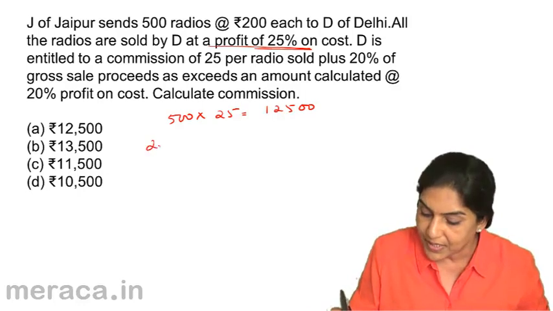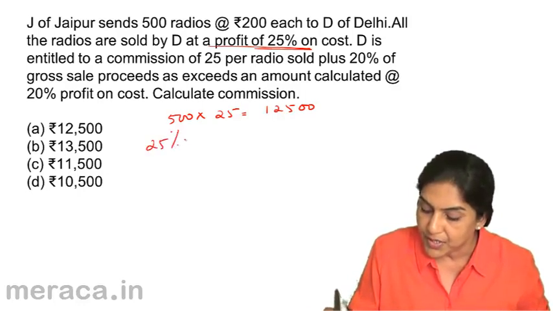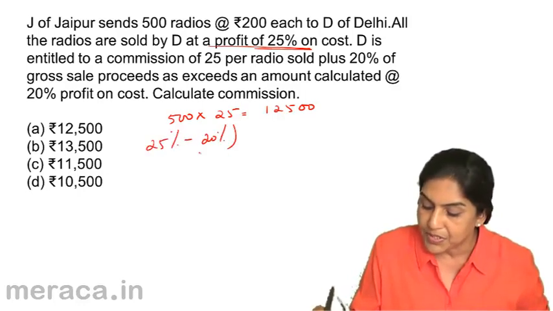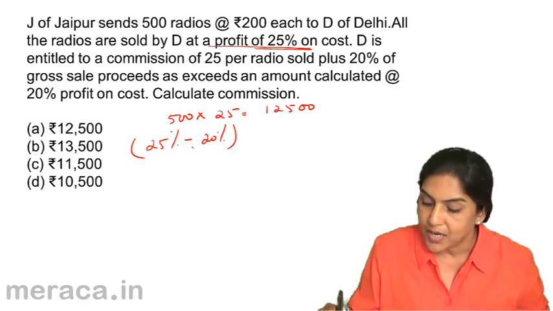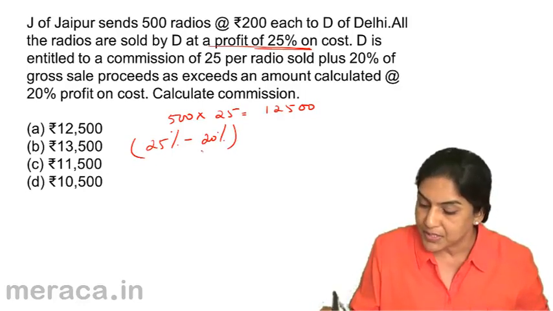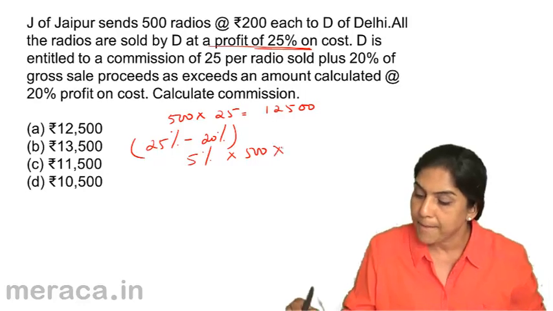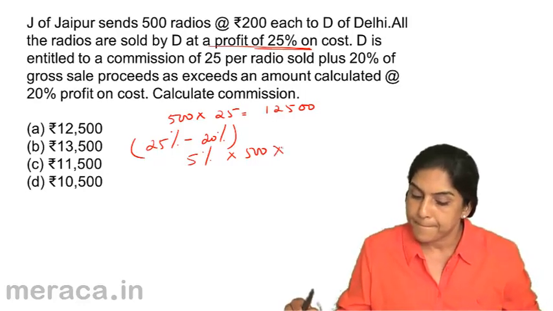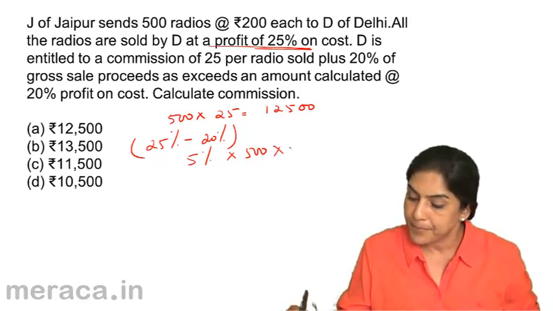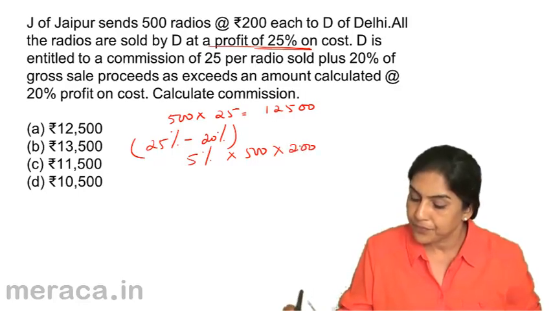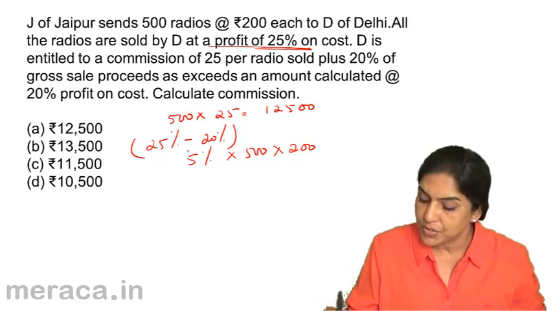So basically 25% minus 20%, that is surplus is 5% of the cost, right?